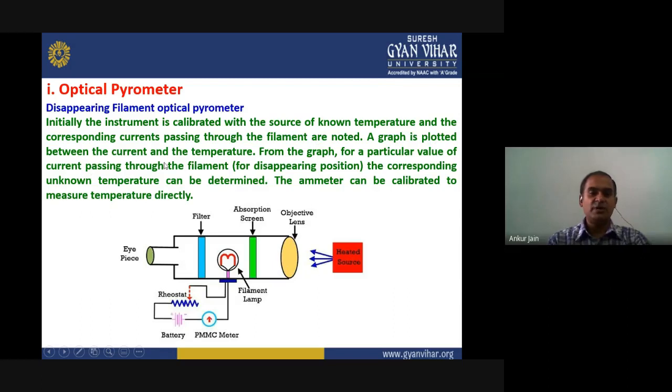A graph is plotted between the current and the temperature of the known source, which gives the temperature for a particular value of current passing through the filament. The corresponding unknown temperature can be easily determined, or we can directly calibrate the meter to measure the temperature of the unknown heat source. So this is the working and construction of the disappearing filament optical pyrometer.